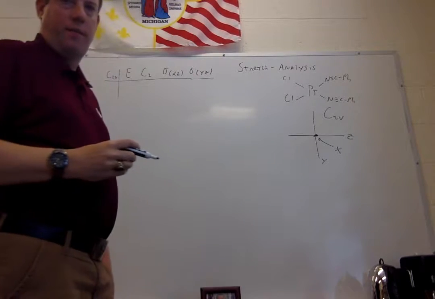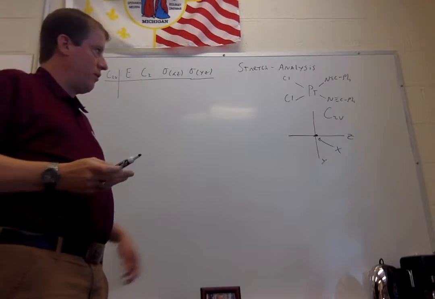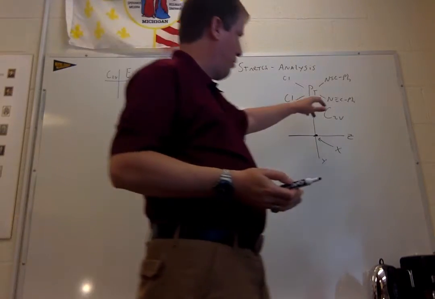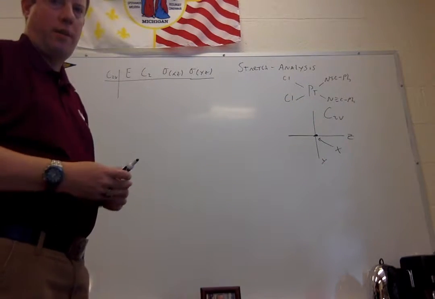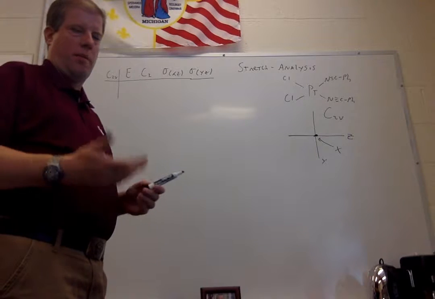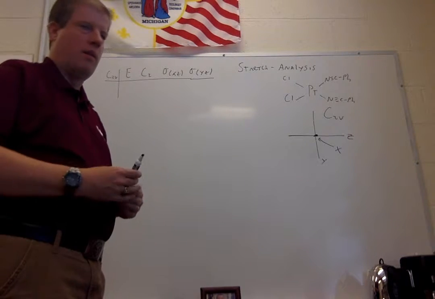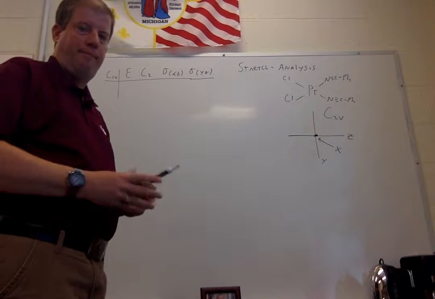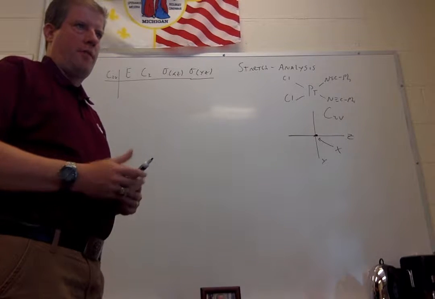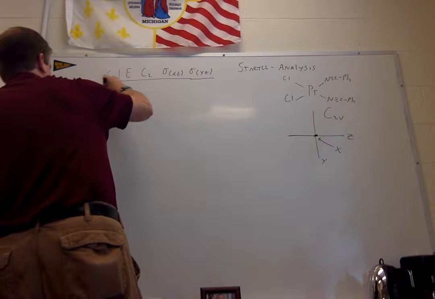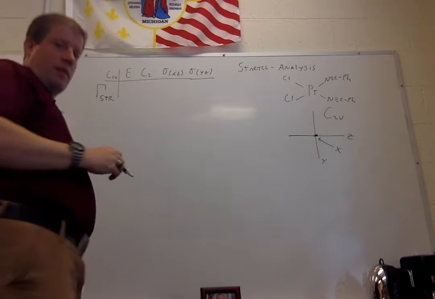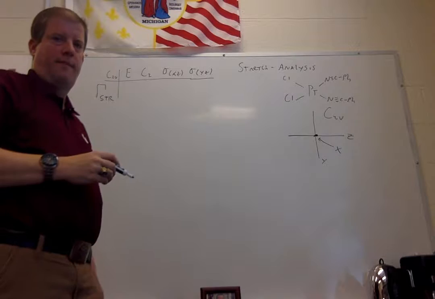So let's do stretch analysis. Stretching only. So what we're going to look at is what happens when these triple bonds here deform as they're irradiated with infrared, or Raman, which is effectively the same thing, energy. And so the first thing we're going to do is generate what's called gamma stretch.